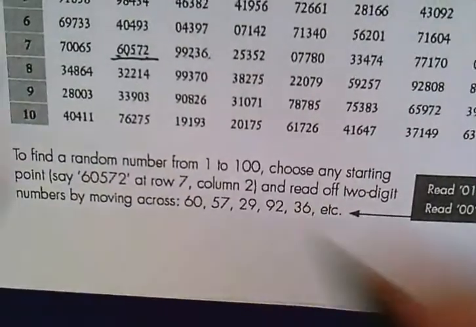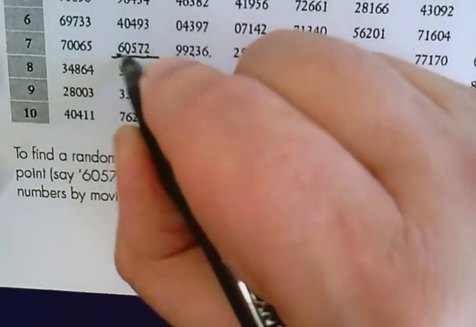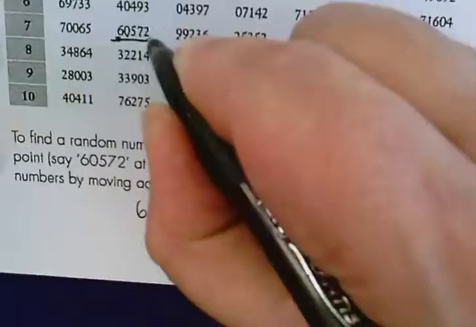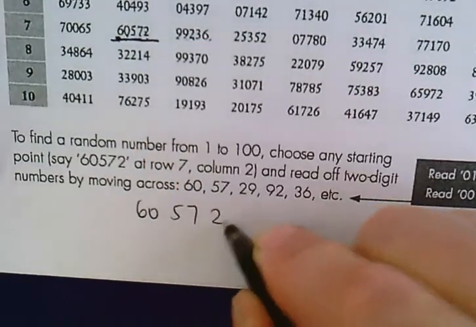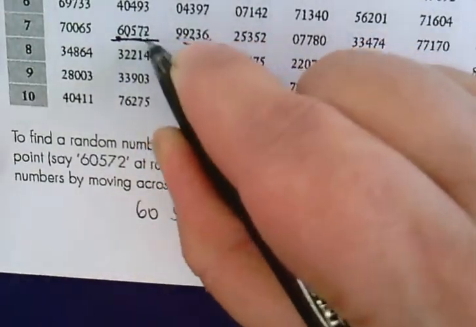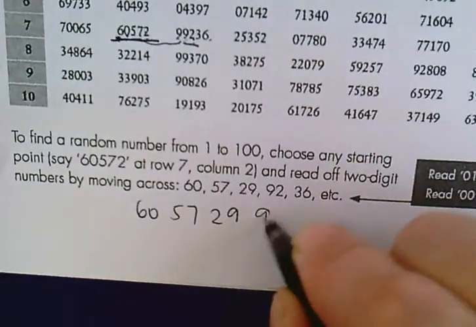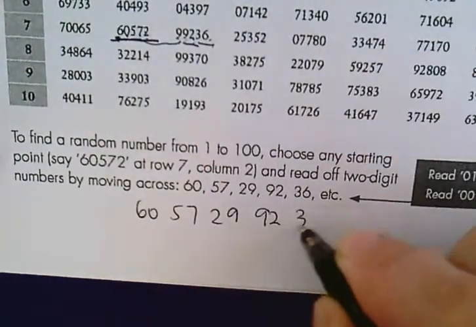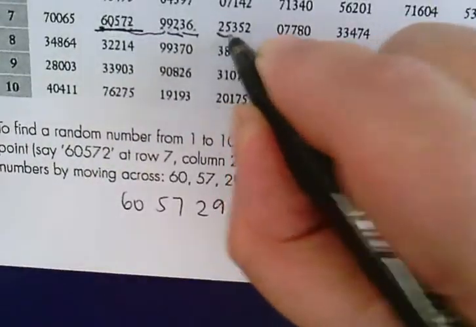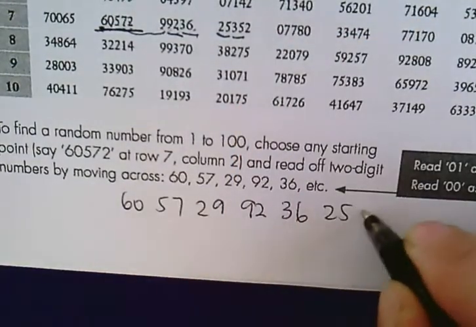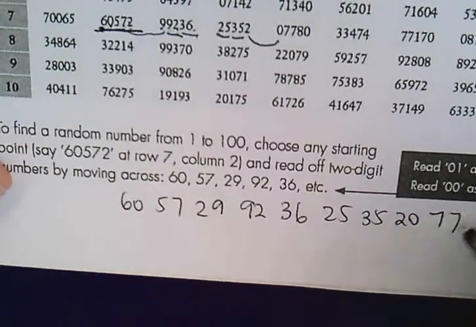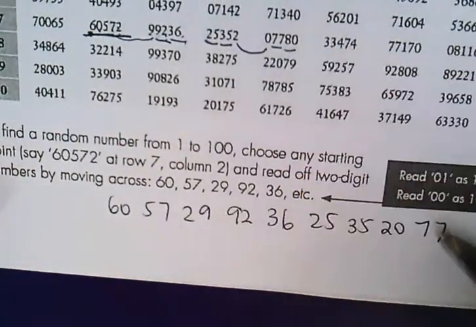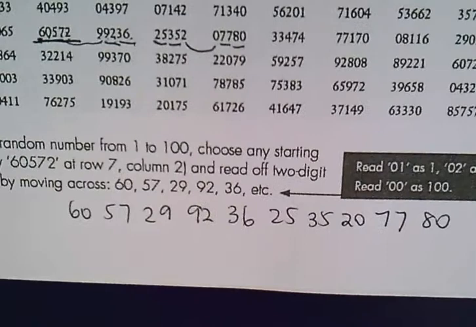So if I start here, I read off 60, 57, 29, that was 29 from there to there, 92, 36, you tell me what's next, 25, 35, 20, 77, 80, etc. That's how you can use a table of random numbers.